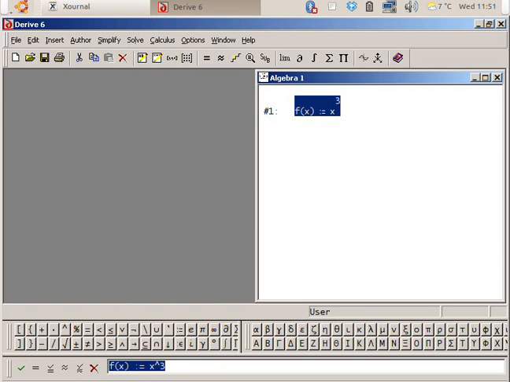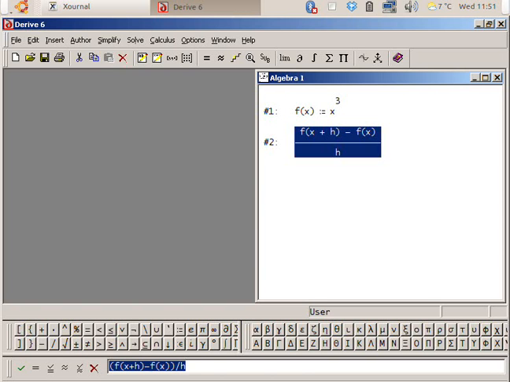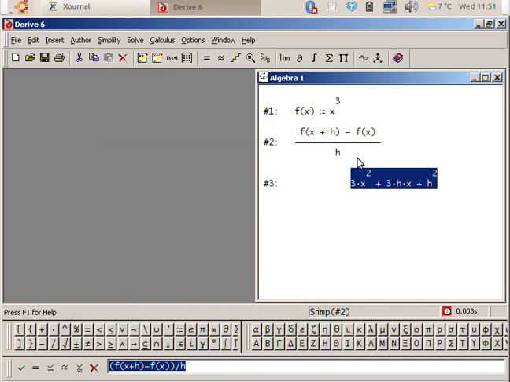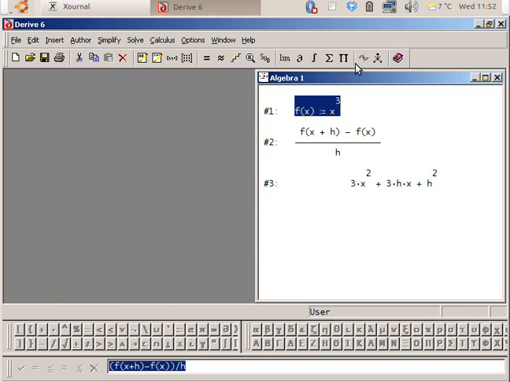So what was our formula for the slope? It's f(x+h) minus f(x) all over h. Simplify this. And that's the one I got earlier. And then I can make x equal to 1. But I want to graph this now. So if I just put a graph of this, y equals f(x).